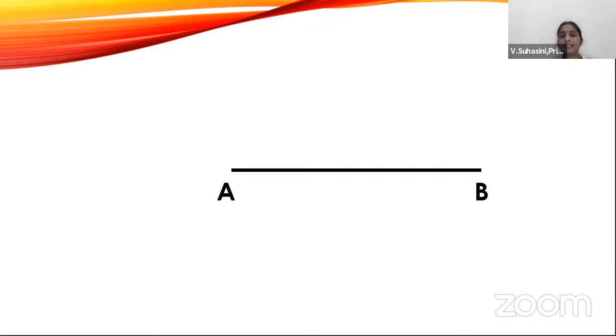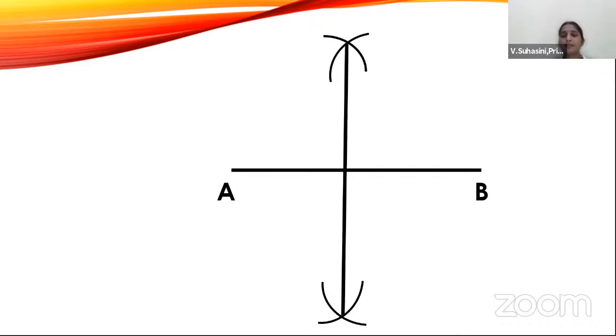Let us take some radius R, and from A we draw an arc, from B also we draw an arc above the straight line. With the same radius, without disturbing the compass, let us draw arcs below the line segment. And these 2 points, the points of intersection of these arcs, are equidistant from A and B. Let us collect all those points.